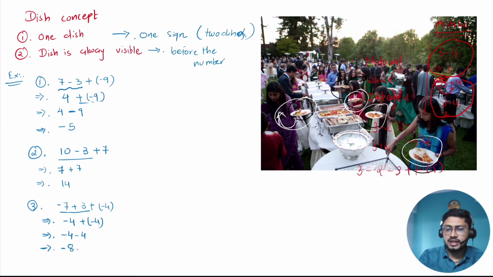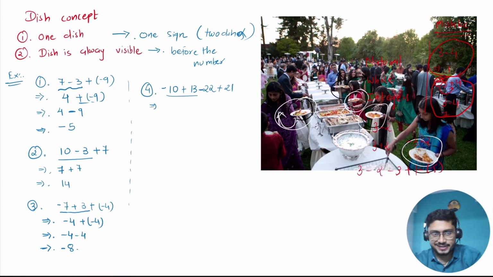It's very easy. If you have four numbers or more, then what we can say: minus 10 plus 13 minus 22 plus 21. What can we do? Make a group of two. Negative is less, positive is more, so the answer is positive 3. Then 3 minus 22 plus 21.